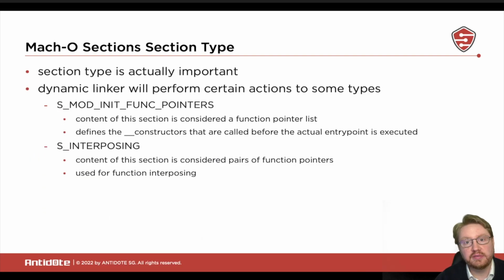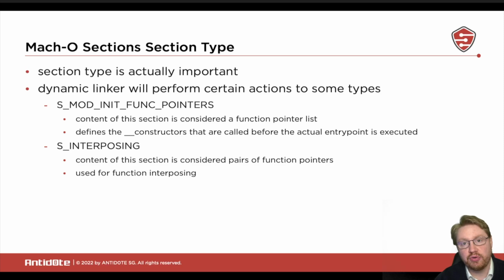So there's a bunch of these defined in the source code, but two very important ones are, for example, the S_MOD_INIT_FUNC_POINTERS and the S_INTERPOSING. So the S_MOD_INIT_FUNC_POINTERS is basically the list of pointers that point to all the constructors of the code.